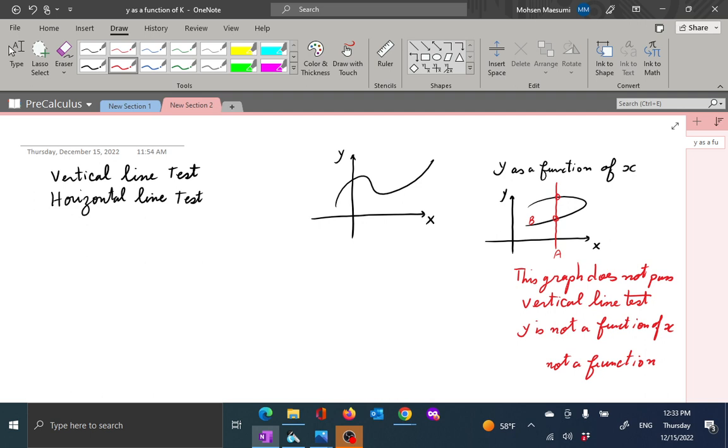Okay, once something is a function, the issue comes up: is it a one-to-one function? What's the issue here? Well, for a function, one x corresponds to one y. The other side of the coin is, does one y correspond to one x? So suppose I consider this y.